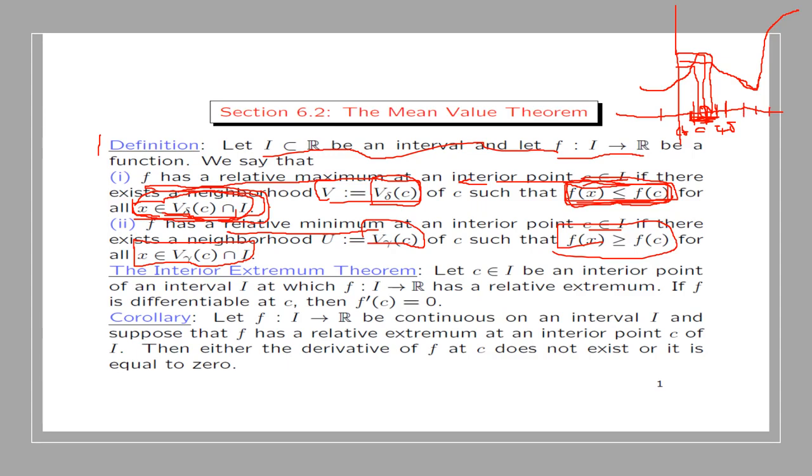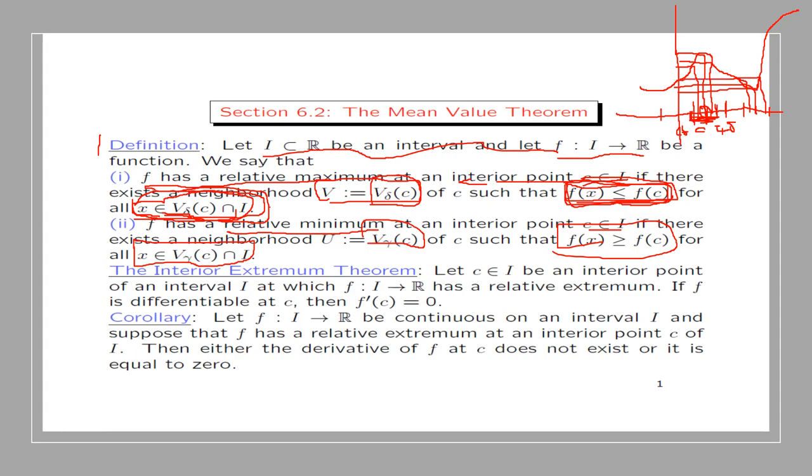In this case, you see this will be f of C. If you pick an x here, then f of x will be bigger than f of C. If you pick an x here, f of x would be bigger than f of C.